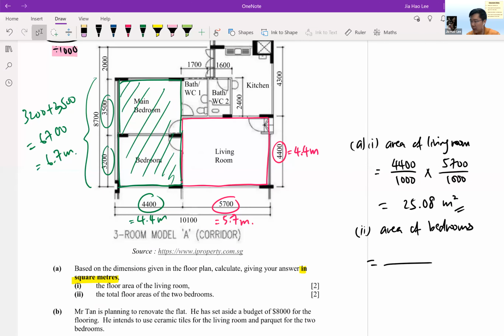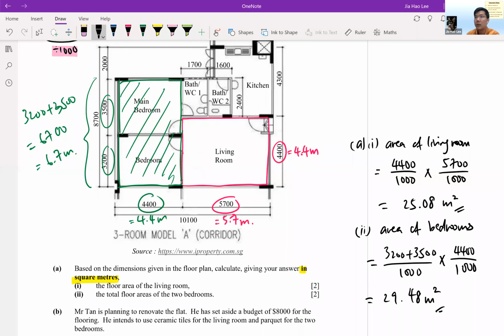To find the length, I need to use 3200 plus 3500 divided by 1000. And then after that, I need to multiply this by 4400 divided by 1000. I'm trying to combine my working at the side into my proper presentation. And so here you know that it's 6.7 times 4.4, and the answer that you should get is 29.48.